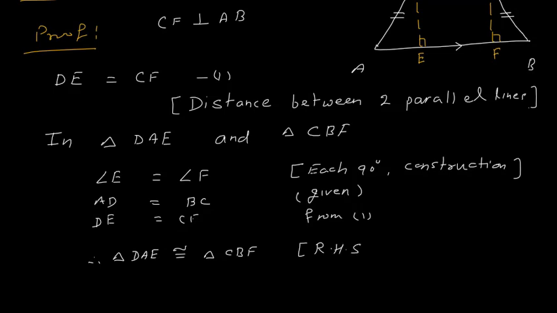So RHS criteria. So as these two triangles are congruent, their corresponding parts, that is angle A, so therefore angle A is equal to angle B. I will take this as equation number 2. These are corresponding parts of congruent triangles, CPCT.